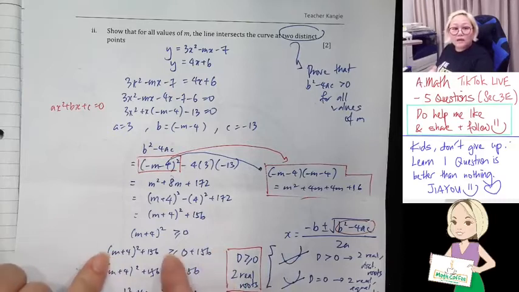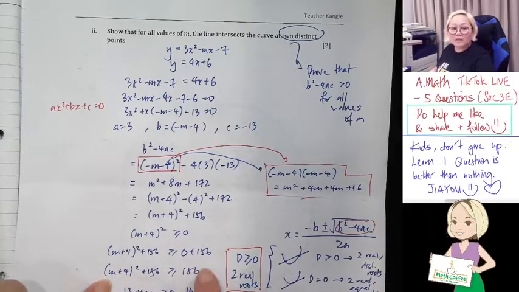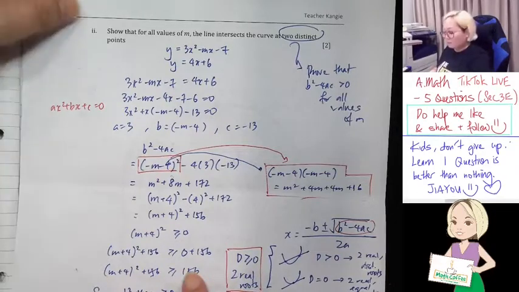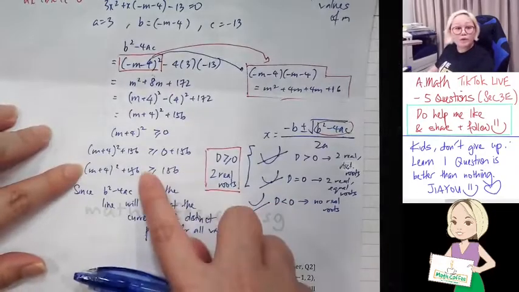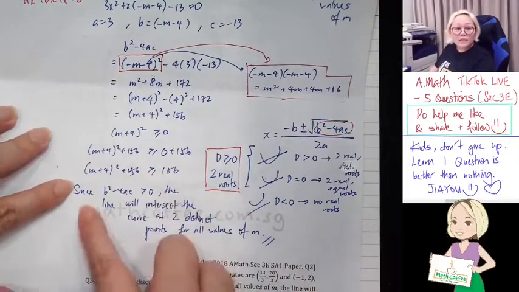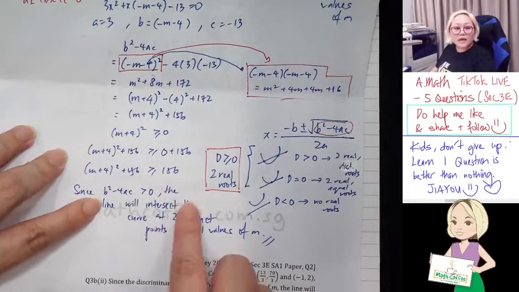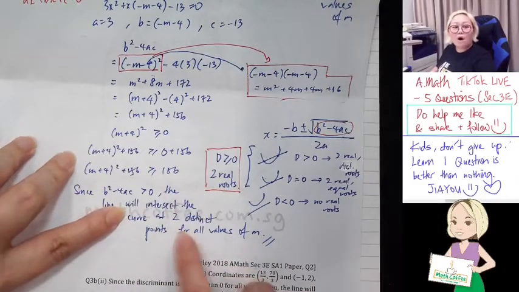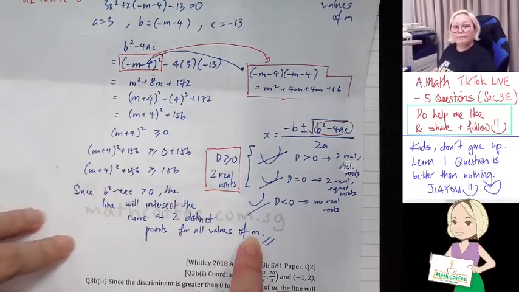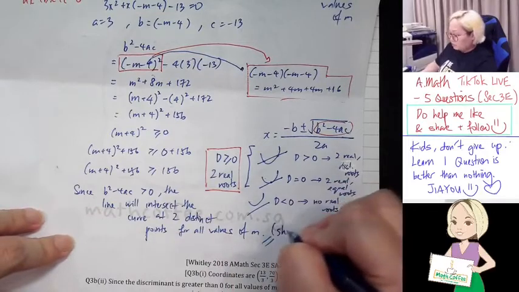So it means that this whole thing, which is my discriminant, is always more than or equals to 156. So that already proved that this is always positive. So since b squared minus 4ac is more than 0, the line will intersect the curve at two distinct points for all values of m. Shown, you understand? Okay, I can just put shown.